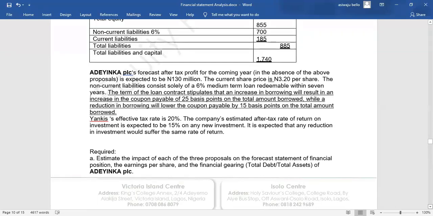In brackets, financial gearing is calculated as total debt minus total assets. That question has been given to us now.